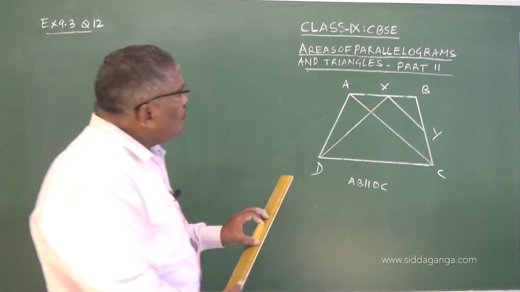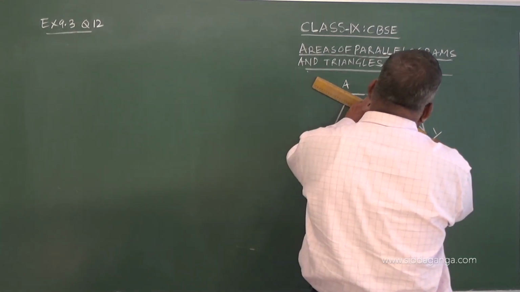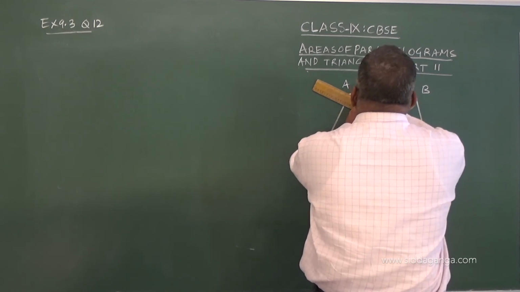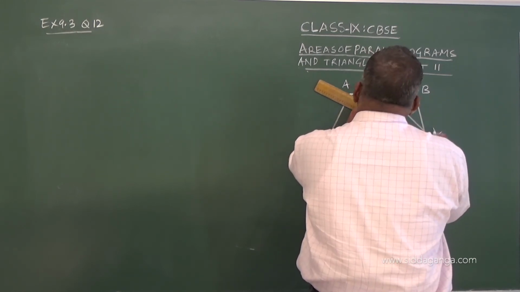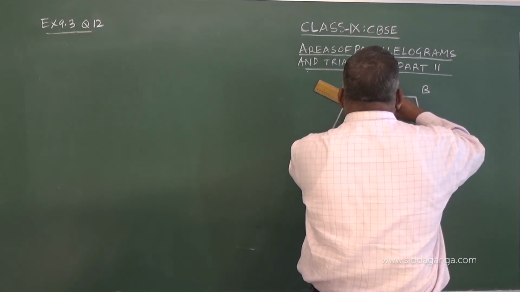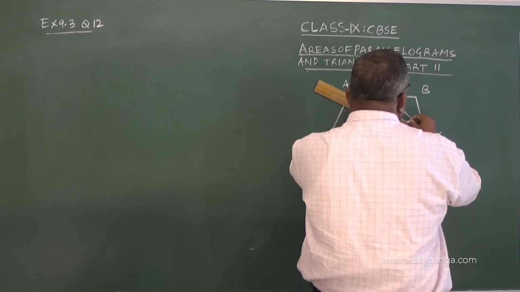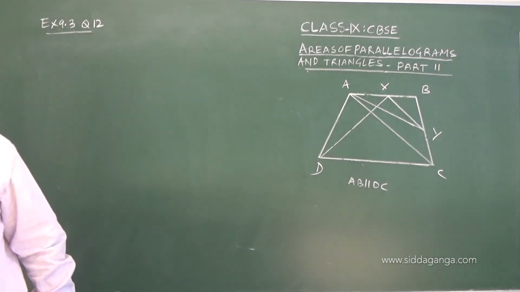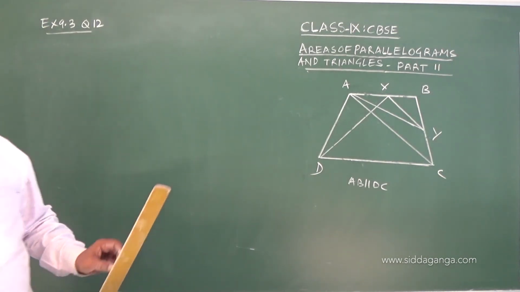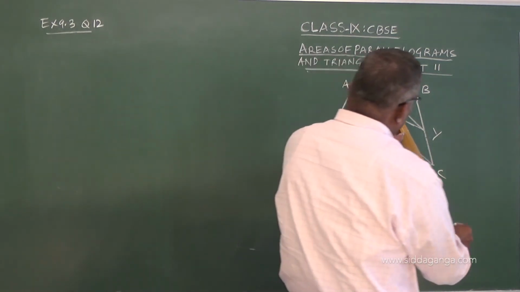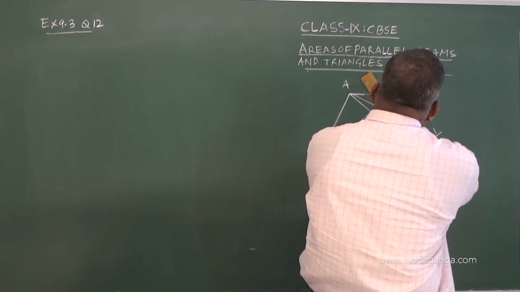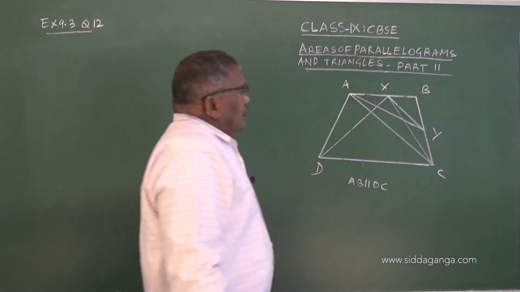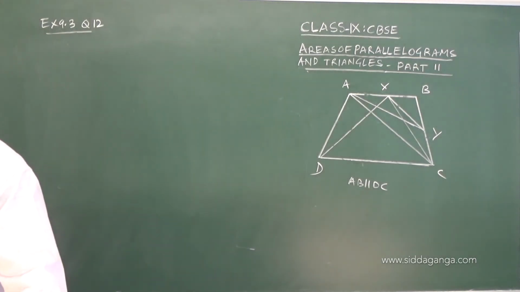AY also we have to join. See, when the diagram is not given, if you fail to prepare a correct diagram, you will not be able to answer the question. So, join XC also. So, this is the diagram.